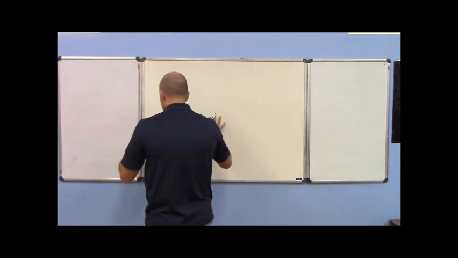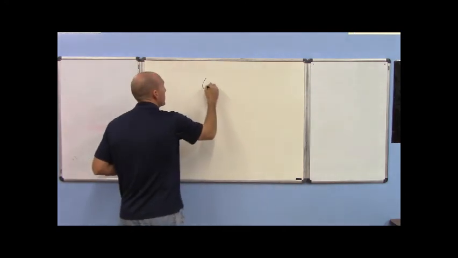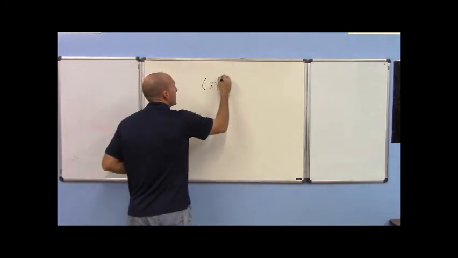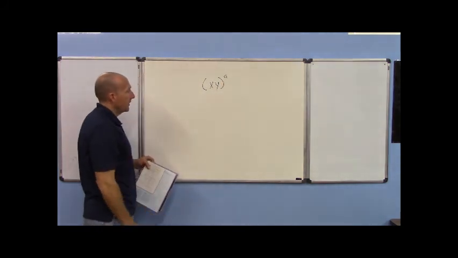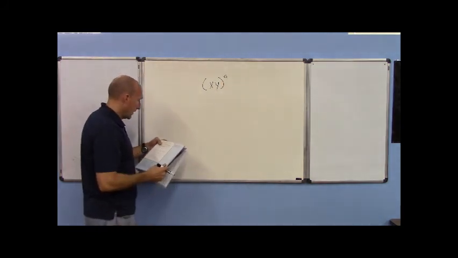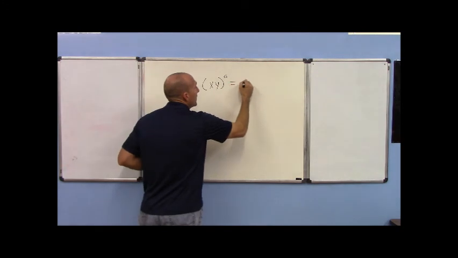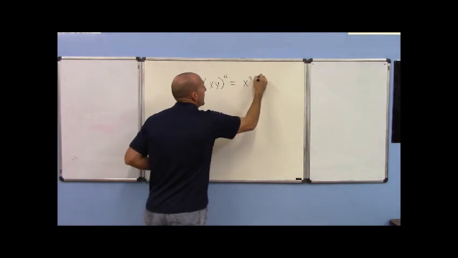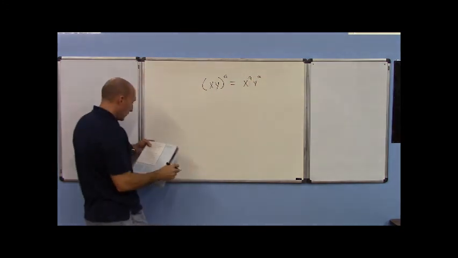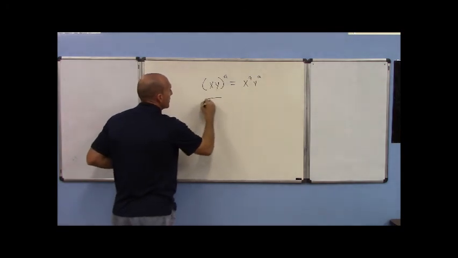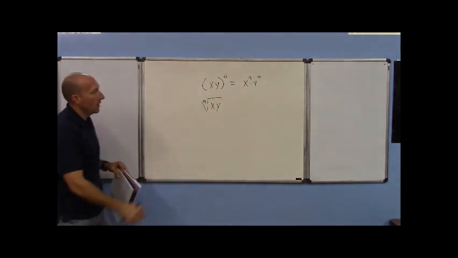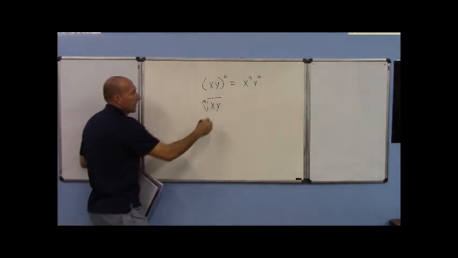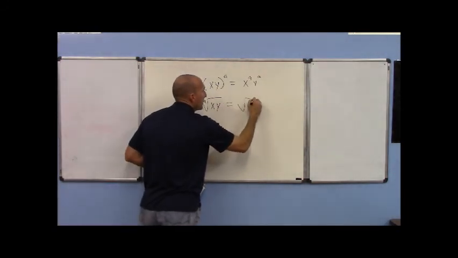So if we saw x times y, all to the power of a, then this would end up equaling x to the a, y to the a. Likewise, if we had the a-th root of x times y, with the index of a, that's going to be the same thing as this.